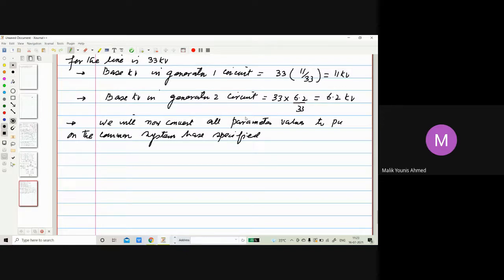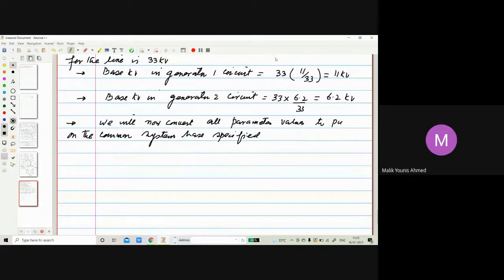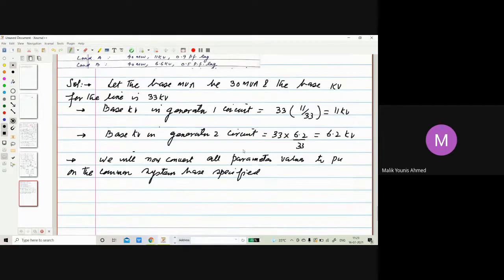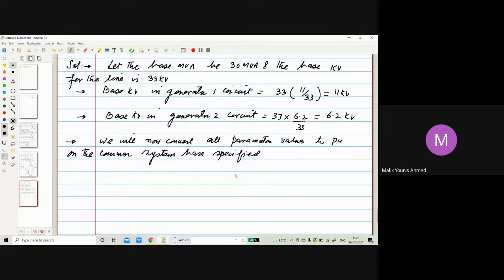What are the common bases we have chosen? The base MVA is 30 MVA and the base kV is 33 kV. So one by one again we'll go.